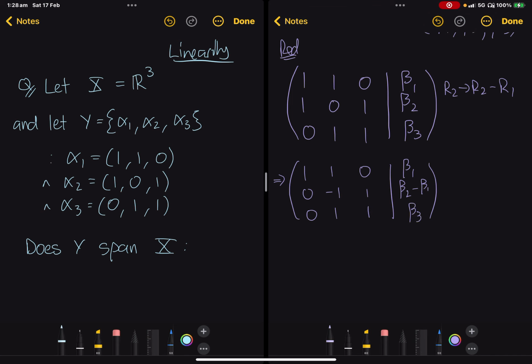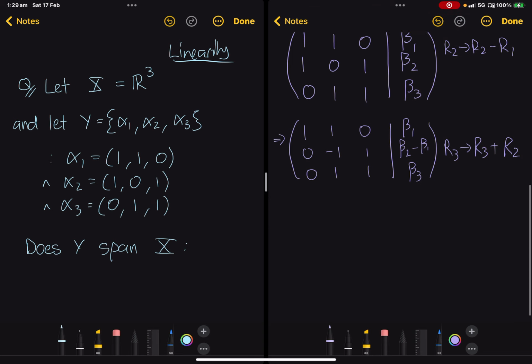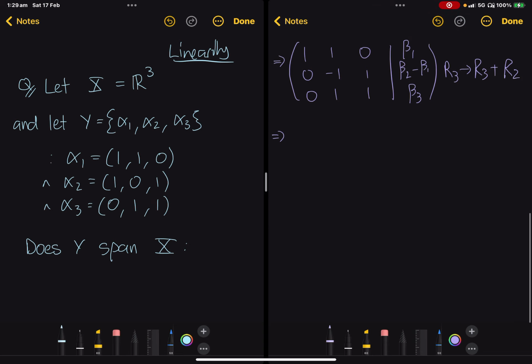Now we are going to modify row 3. We're going to say the new row 3 is the old row 3 plus row 2. So we get 1, 1, 0, beta 1 up the top, then 0, minus 1, 1, beta 2 minus beta 1, and then for the bottom row we are going to add row 2 to it.